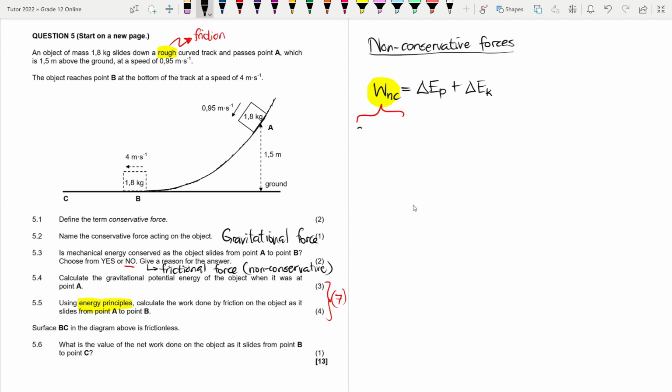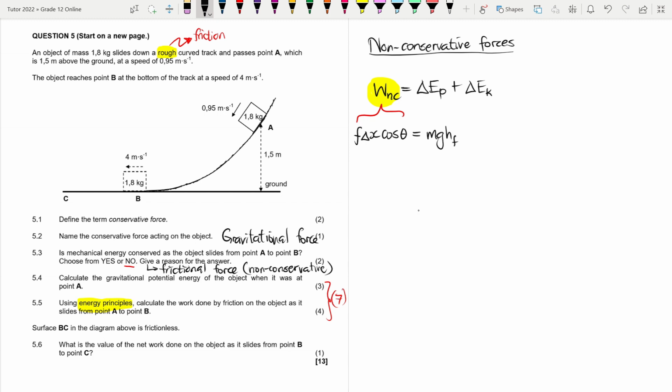It's going to be the force of friction times the distance we travel multiplied by the cosine of the angle theta, and this is going to be equal to the change in potential energy, mgh.